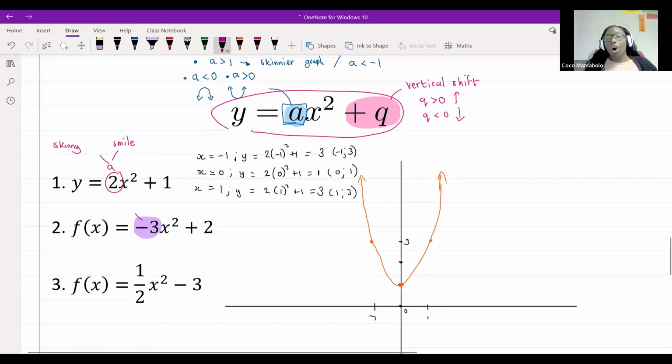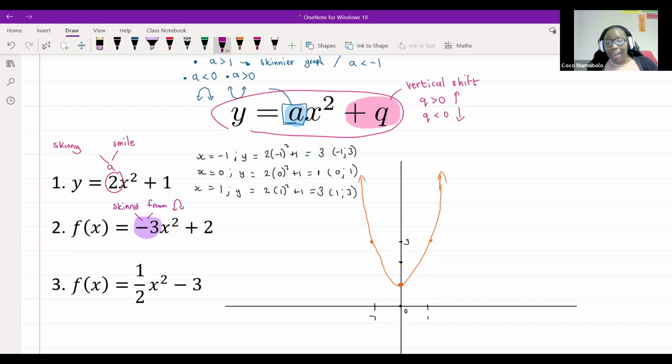It's going to be skinny, Desmarie. Remember, only if it's 1 over something does it become wide. So because this is a 3, my graph is going to become skinny, right? What does the negative part tell us? The negative part tells us that it will what? It will frown. That's it. Correct. It will frown. It must look down. It must look like that.